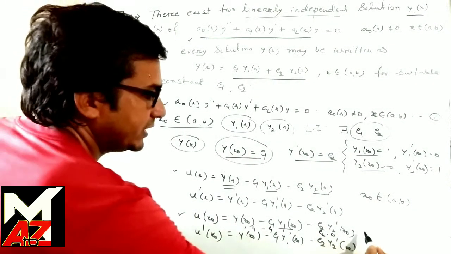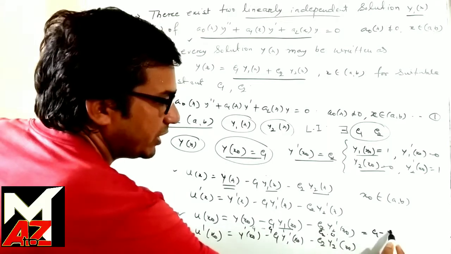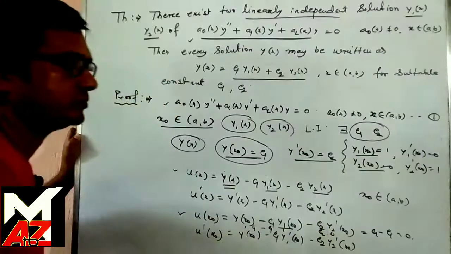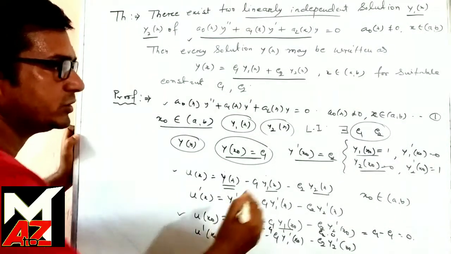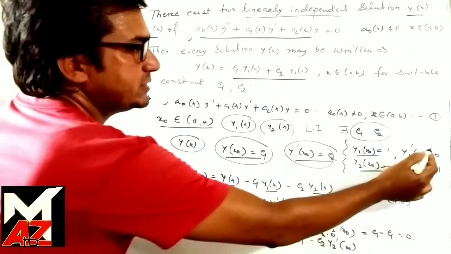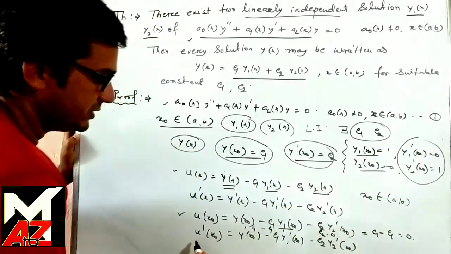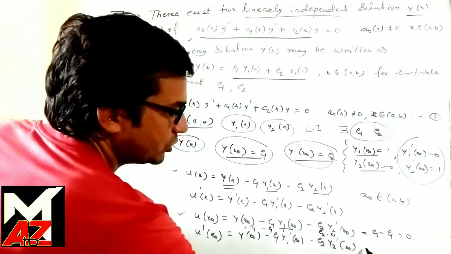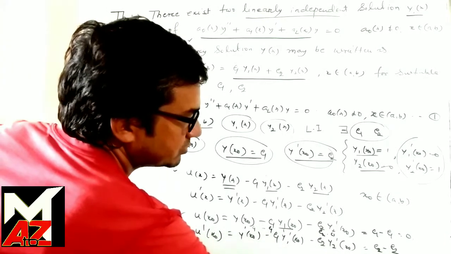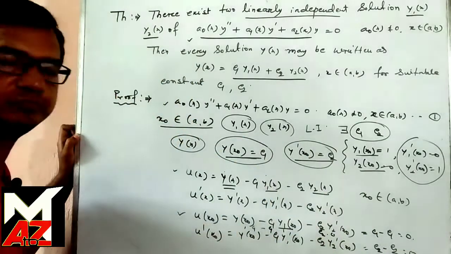So we get the result as c1 minus c1, so this is 0. Also, if we put this result and this result in this equation, similarly we get c2 minus c2. This is also 0.